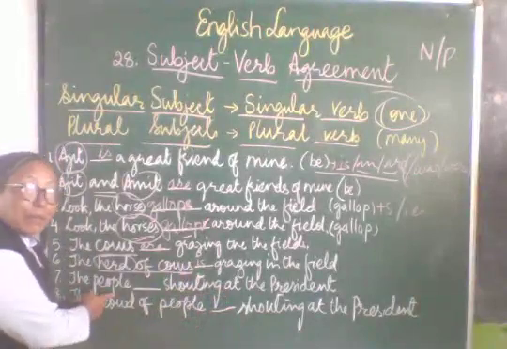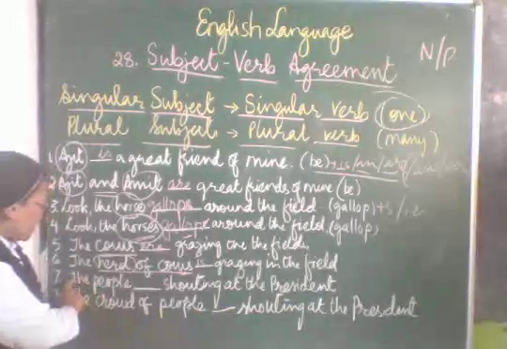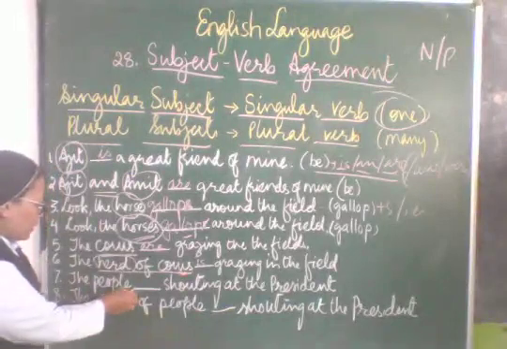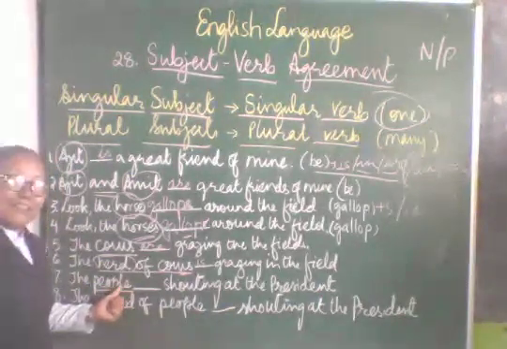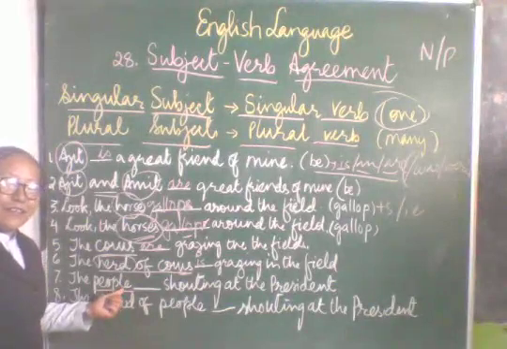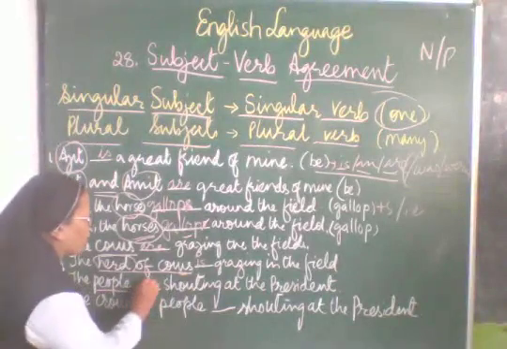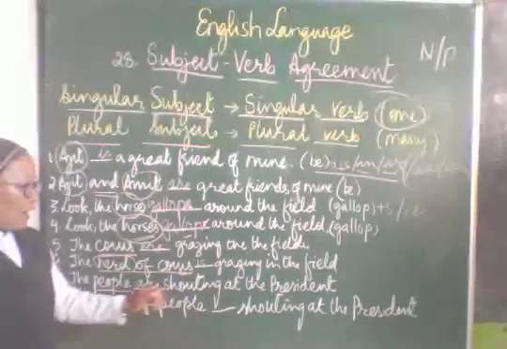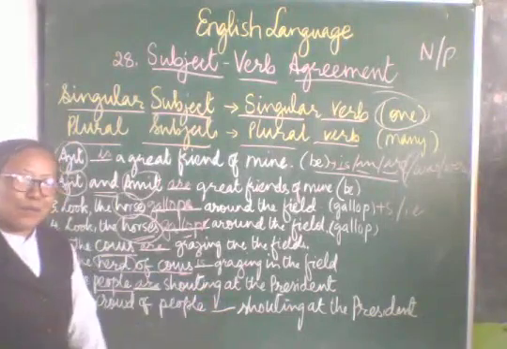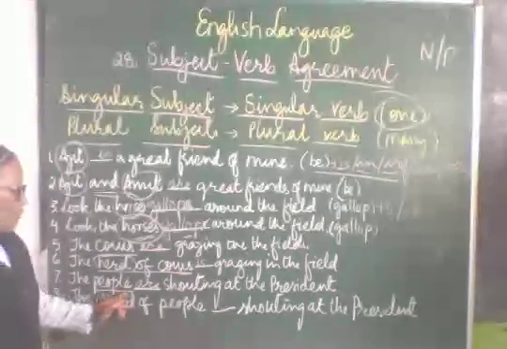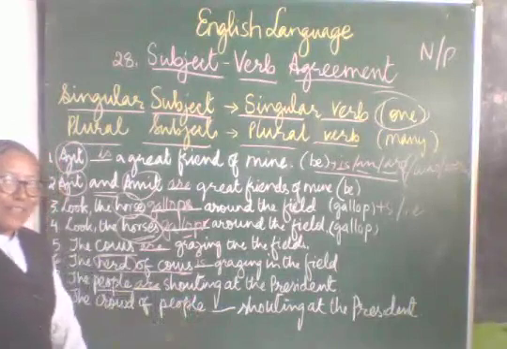Now next, the people. Is people singular or plural? Plural. So I should be taking a plural verb: people are shouting at the president.